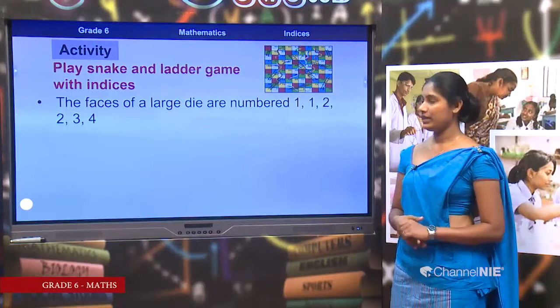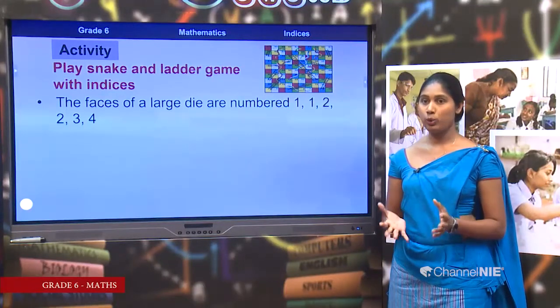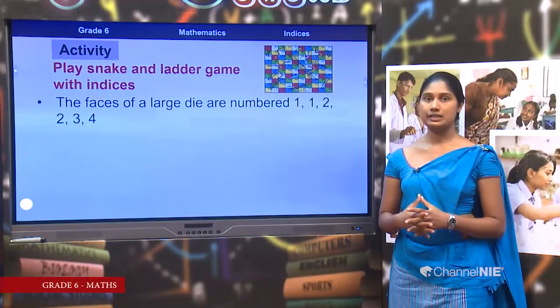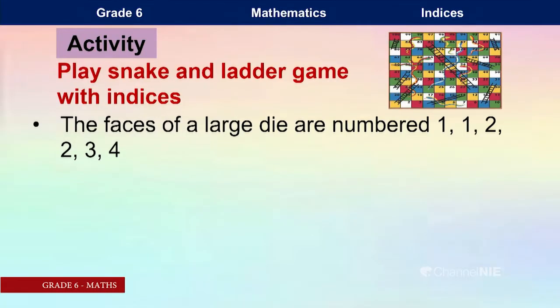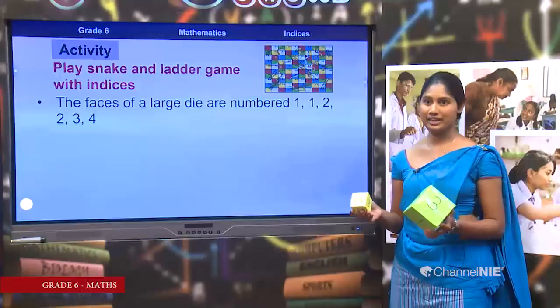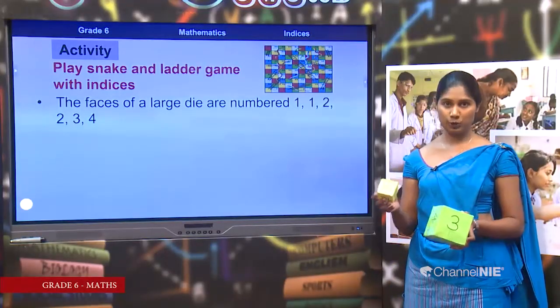Okay, my dear children, I am going to do an activity with you. Actually, this is a game. This is a snake and ladder game. Let's see this. I have brought 2 dice to do this activity. You can see there are 2 dice here, the largest one and the smallest one.